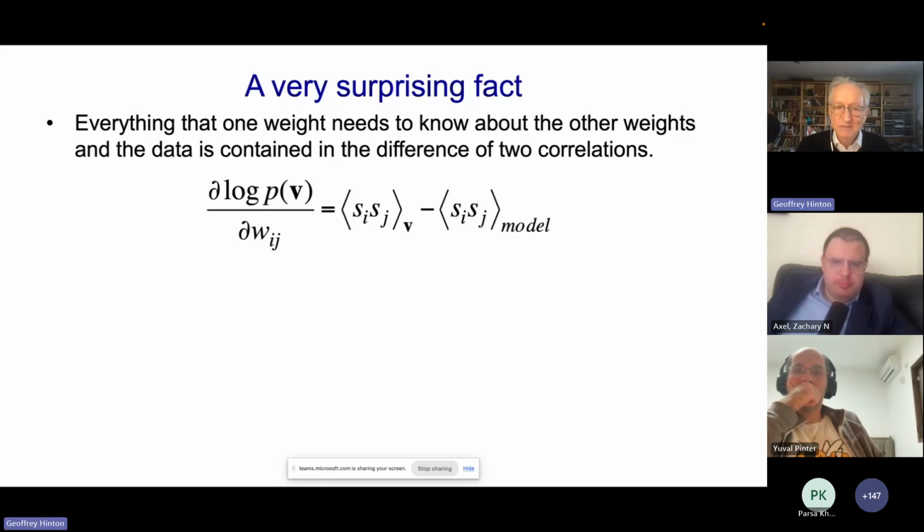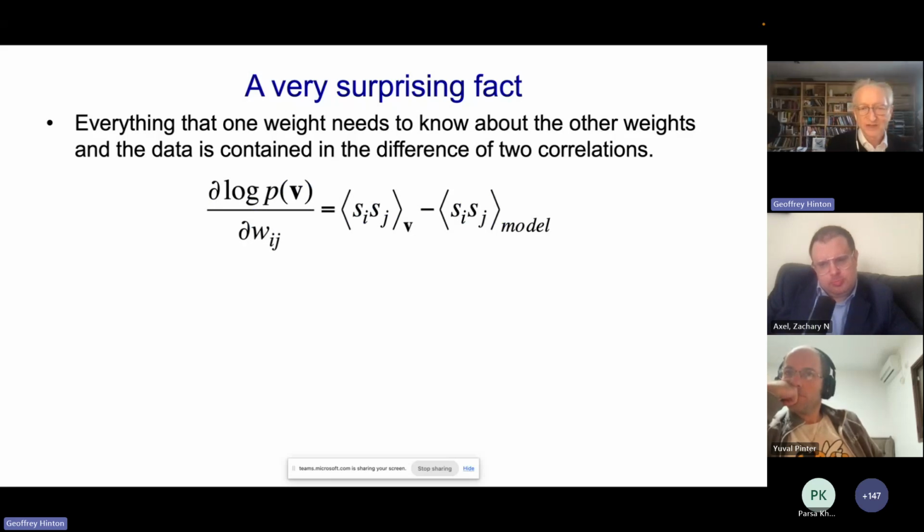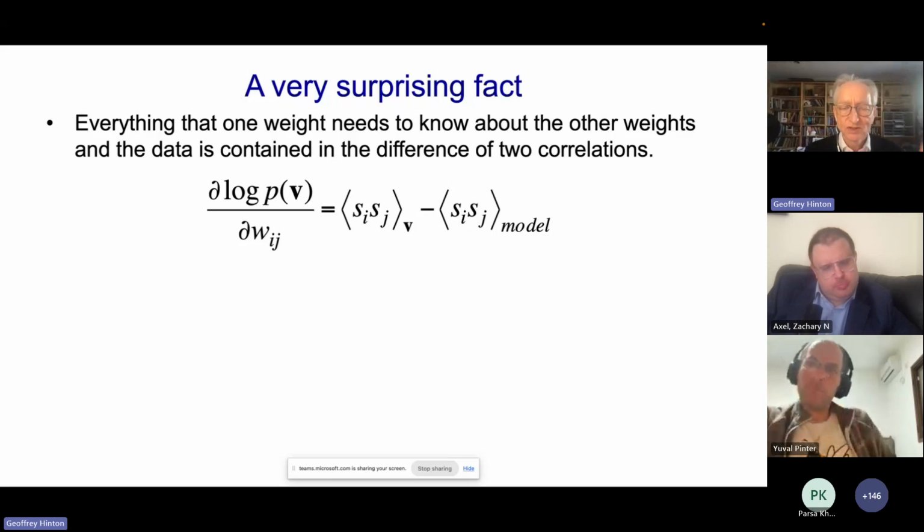Suppose I've got a visible vector V, and I want to make that visible vector more likely to be generated by the network. So I give it an example of an image, and I ask, how should I change the weight Wij between 2 neurons so as to make V more likely? It might be between 2 visible neurons, or between a visible neuron and a hidden neuron, or between 2 hidden neurons.